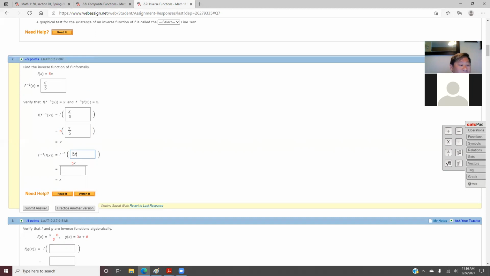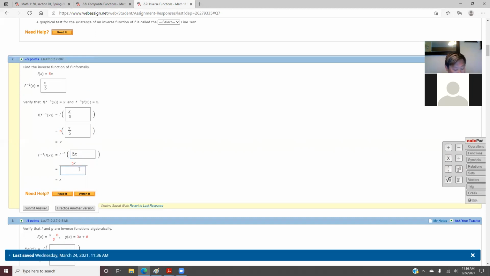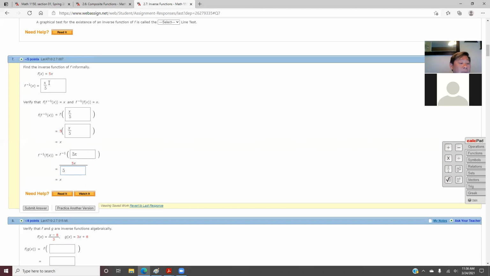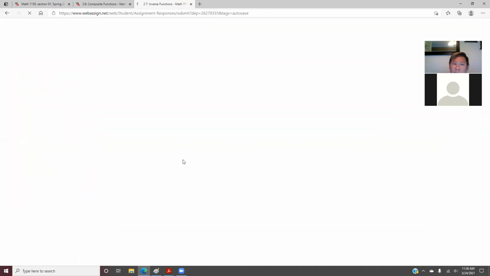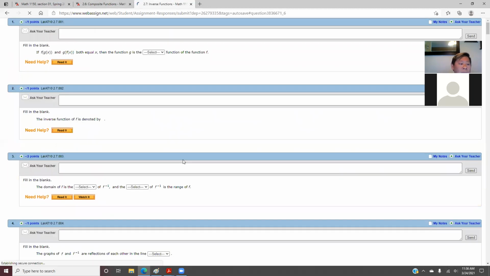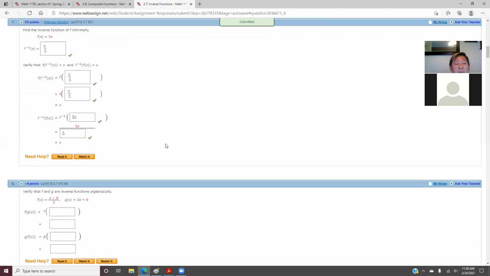You plug this inside x. So what is over here is 5x over 5. And the 5 will cancel and you get x in this case. So that's why you need 2.6 in order for you to do 2.7, because it does composition of functions.